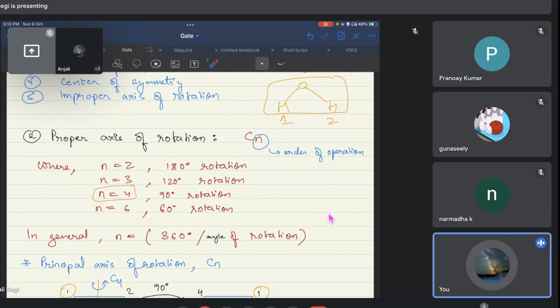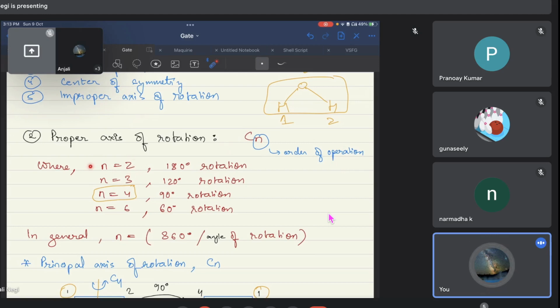But when you deal with the fifth element, the improper axis of rotation, you will get to know why one is called proper and why the other is called improper. The proper axis of rotation is denoted as capital C with suffix n, where n is the order of operation. Because it is a rotational axis, the operation is rotation.